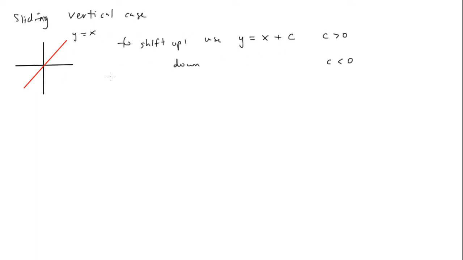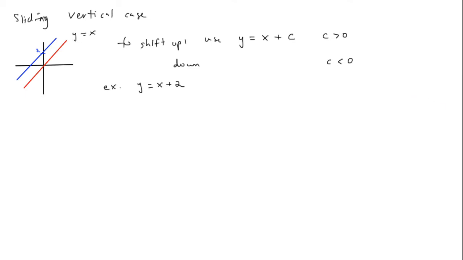Okay. So for example, let's say that we have y equals x plus 2. It'll be the exact same line as the red one, except it'll be shifted up by a couple units. So let's say that 2 is right there, approximately, and then our new line is going to be shifted up.